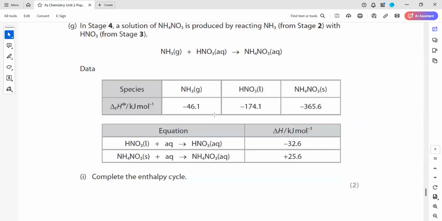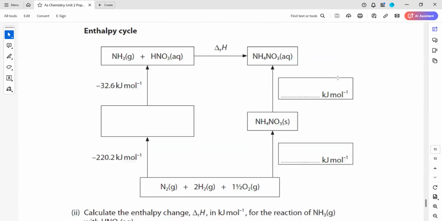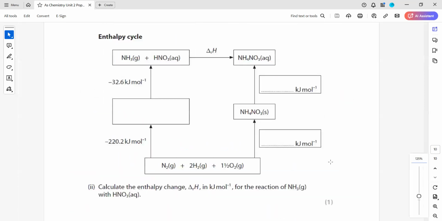Complete the enthalpy diagram. Here, enthalpy changes of formation are given, for ammonia and nitric acid. When formation is given, the elements are there.